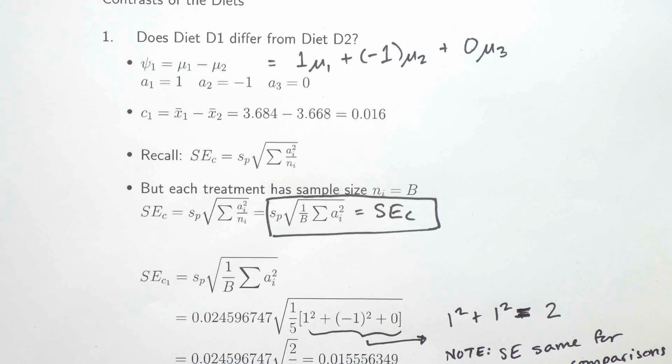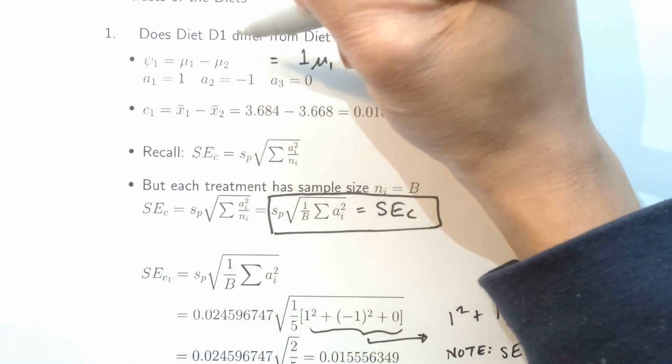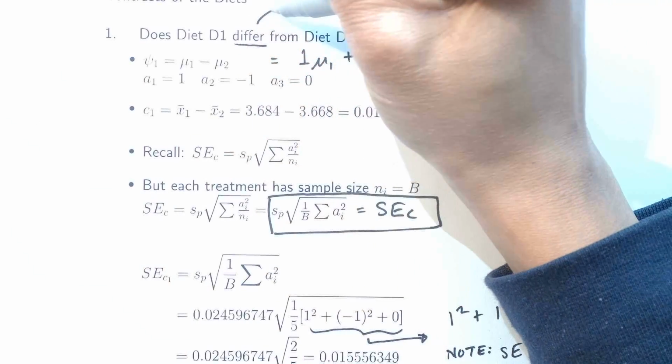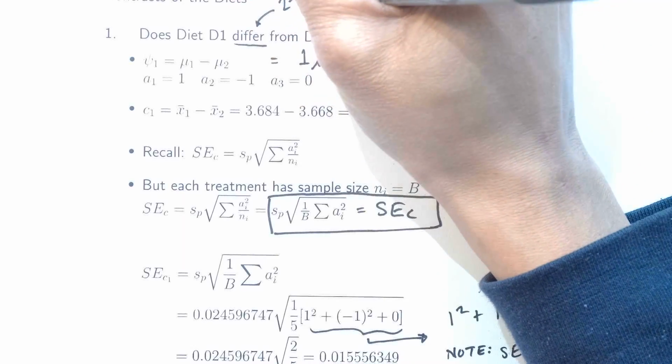So we'll always have that square root 2 over 5 in our standard error calculation. Okay, so if we wanted to conduct a hypothesis test, in our original question, remember up here, we had "differs," so that's telling us that we want a two-sided test.